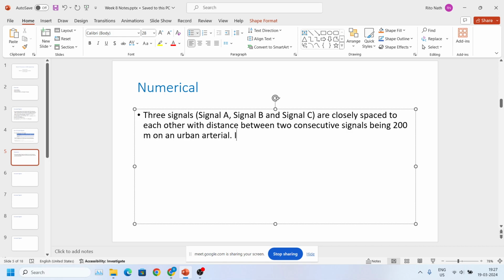Now it is desired to establish offsets between these signals for signal coordination.